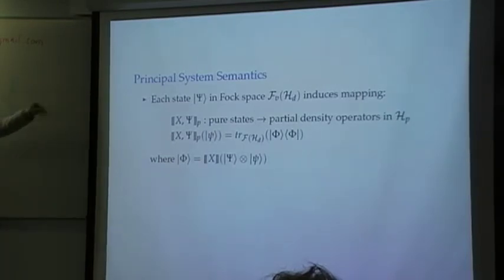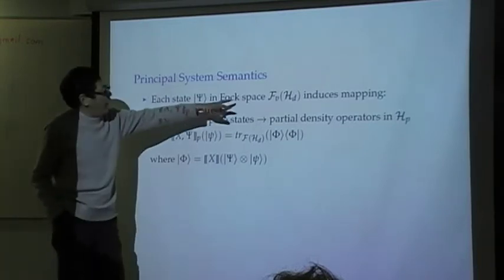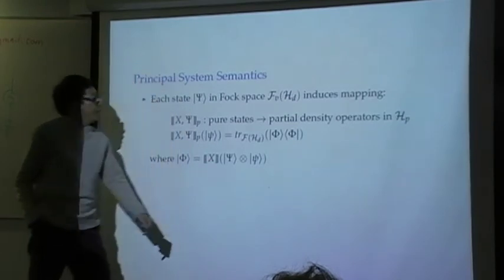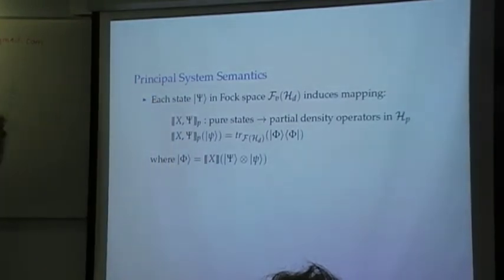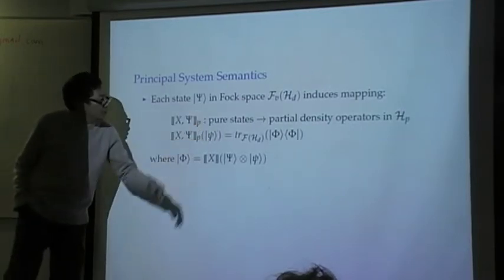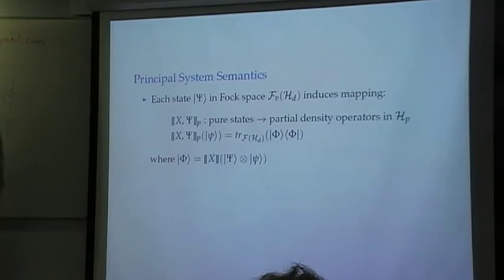For each state big psi in the Fock space F(H_D), we have this mapping. It maps the pure state to a partial density operator in the principal system. How to define this one?